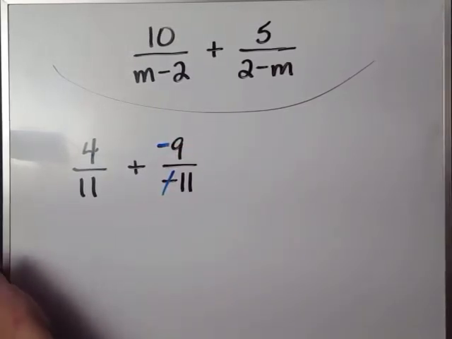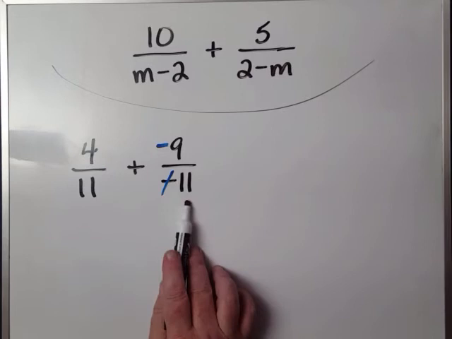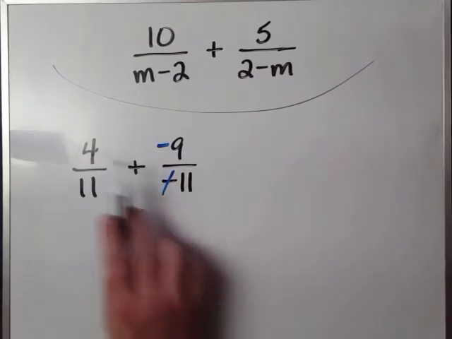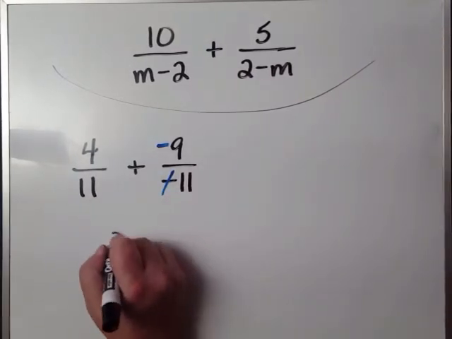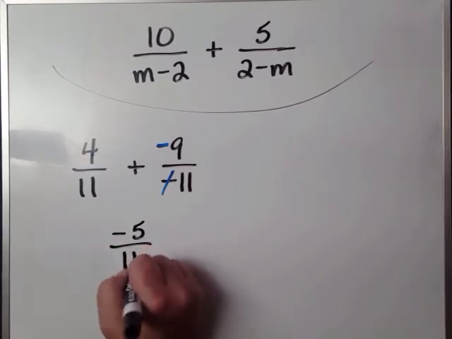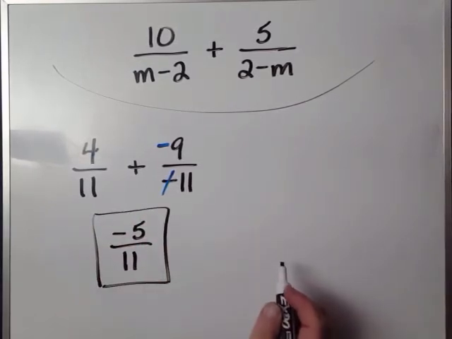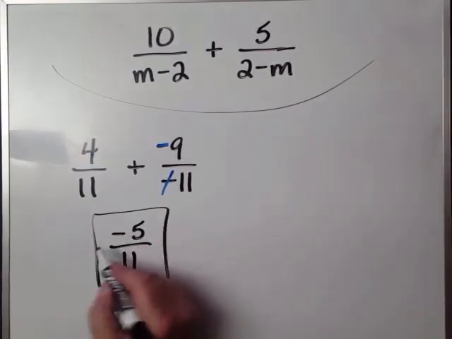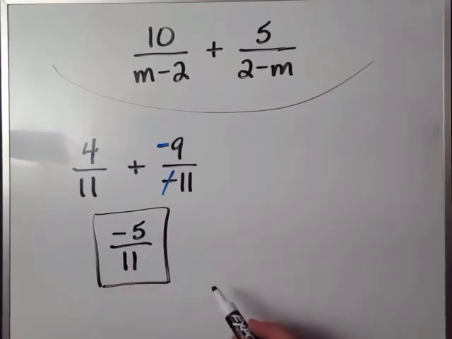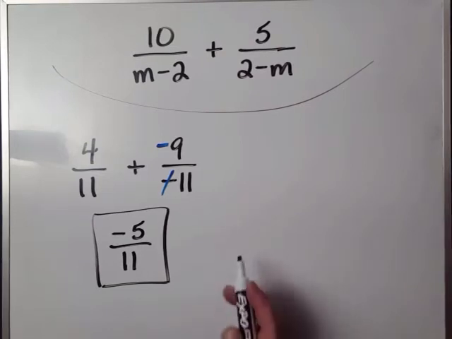And if I do that, I now have a common denominator of positive 11. Add the tops, that's going to be negative 5/11. You can write that negative out front. There's no harm in leaving it there on the numerator.